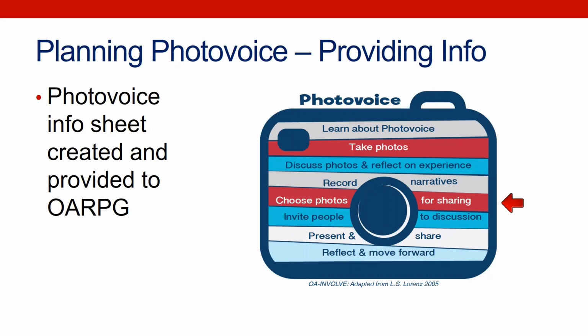Decide which photos you would like to share with others. We discuss the photos as a team while choosing the photos. Often projects will ask participants to choose a smaller number, for example 5 to 10, but choosing more would be fine. There's the option to invite others to share in the discussion. And there's also the option to compile the photos and narrative for sharing, presentation, and discussion.